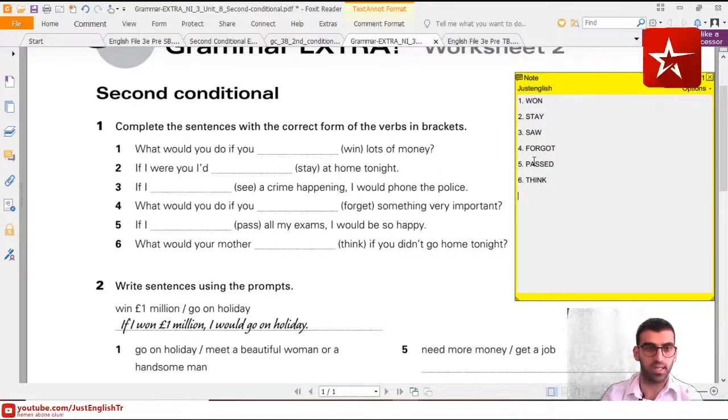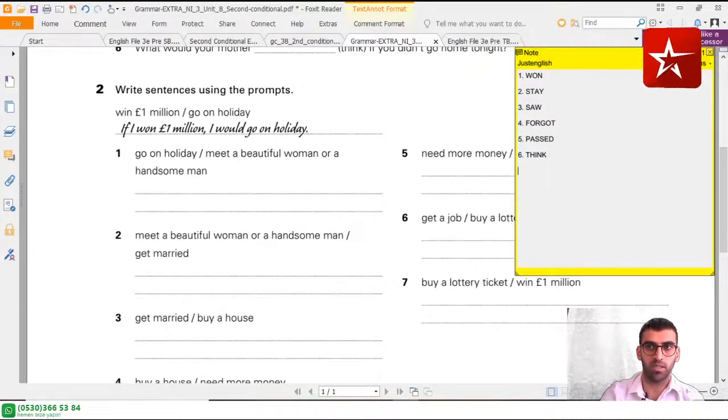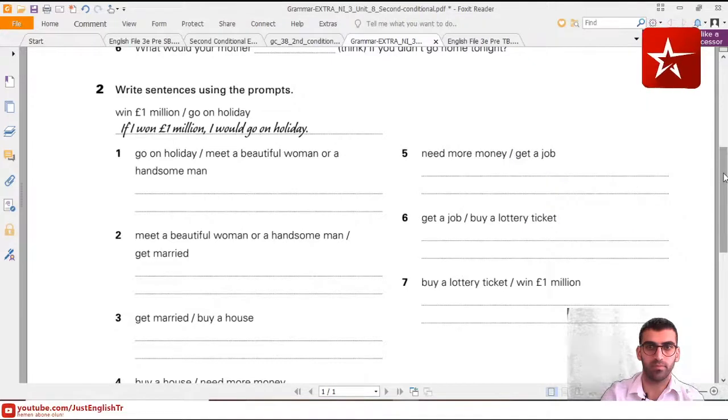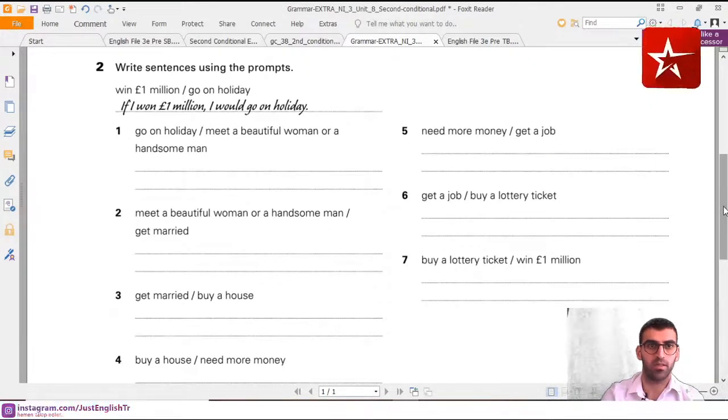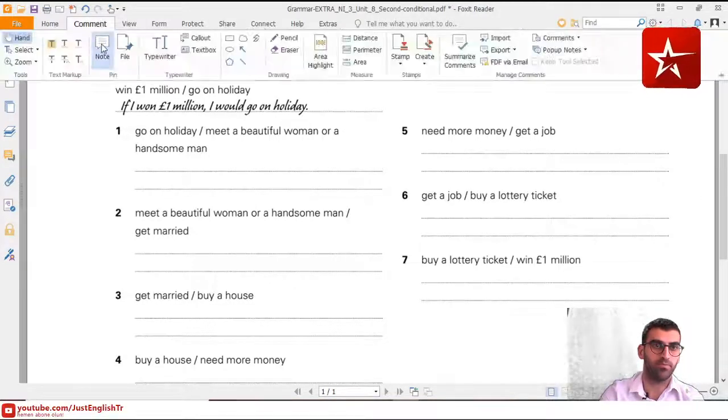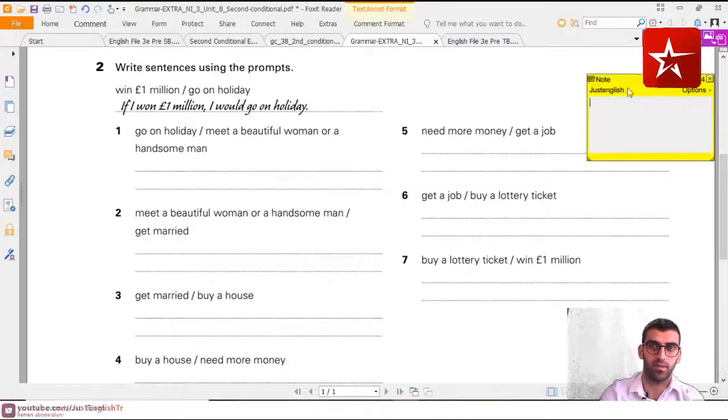Okay, and write the sentences using the prompts here. We have prompts. Number 2. If I won 1 million pounds sterling, I would go on holiday. So what about number 2? Okay, number 2.